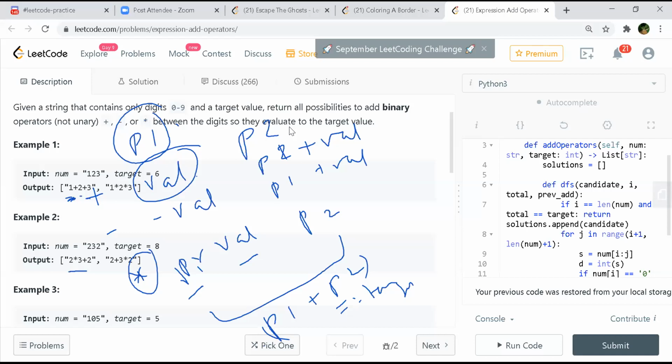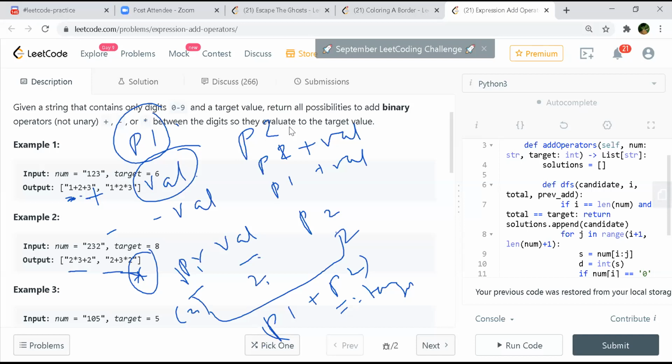So when I come to my current multiplication, I will use that P1 and multiply by whatever current value I'm having. Like in this 3 2 case, I already get 3 from the top, so my P1 will be 3 and my val will be 2, whatever I just extracted. So 3 into 2 will be 6, and this 2 will be in P2 here.